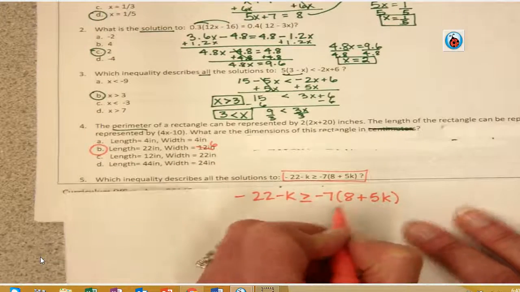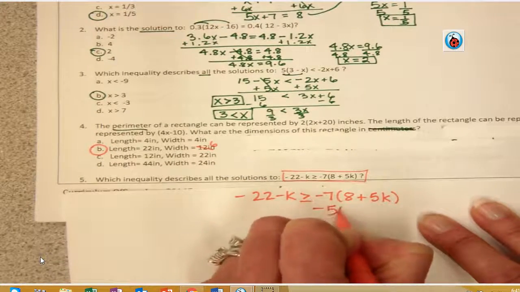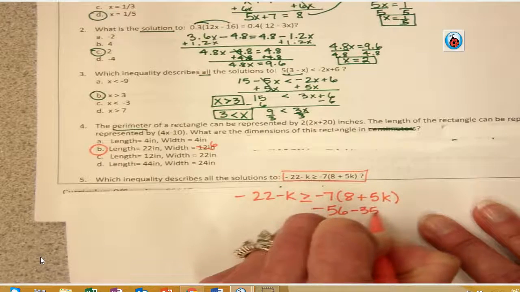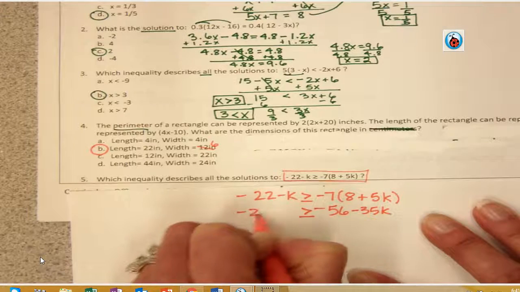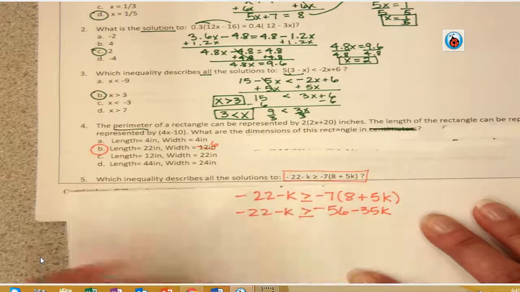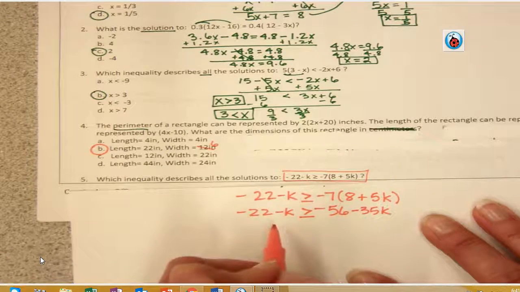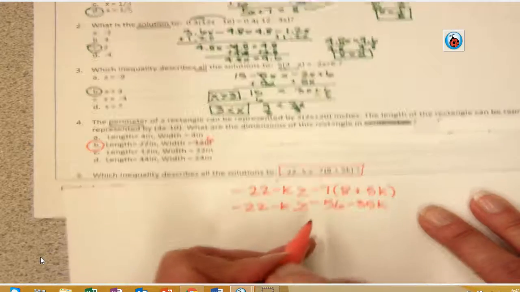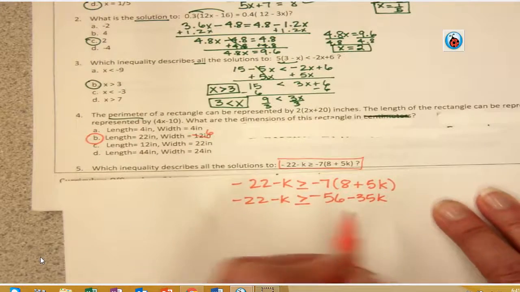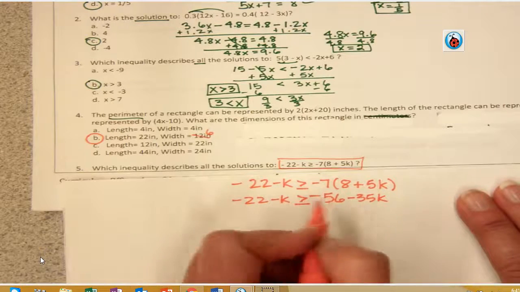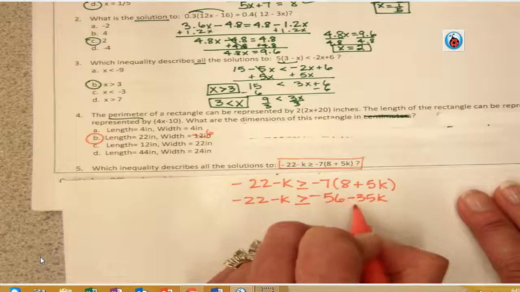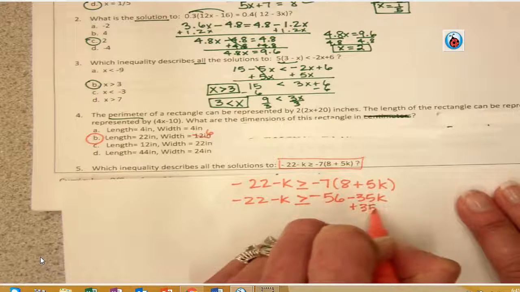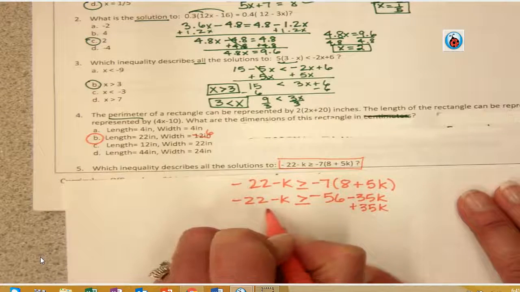Over here, I need to distribute. So negative 56 minus 35k. This I just bring straight down. I haven't changed anything at all to this side. Now I need to start moving my numbers around. So I'm going to add 35k to the other side.